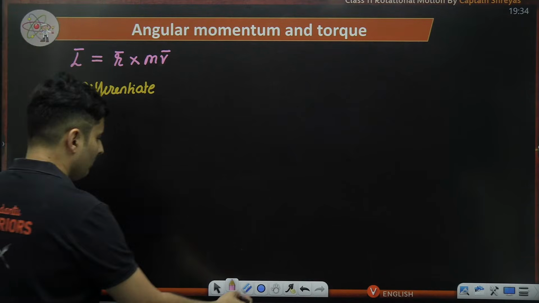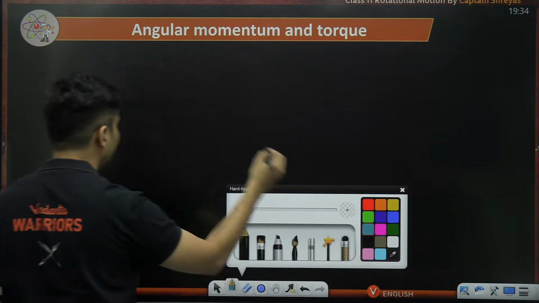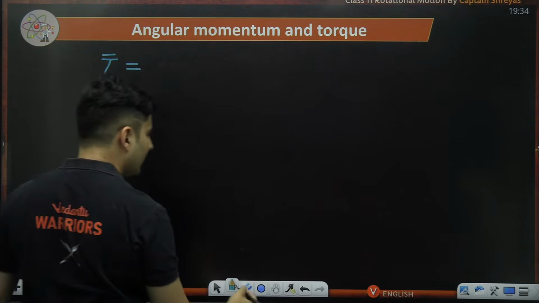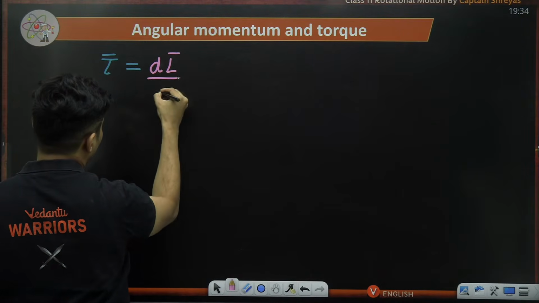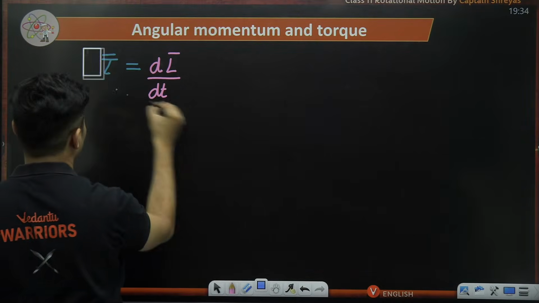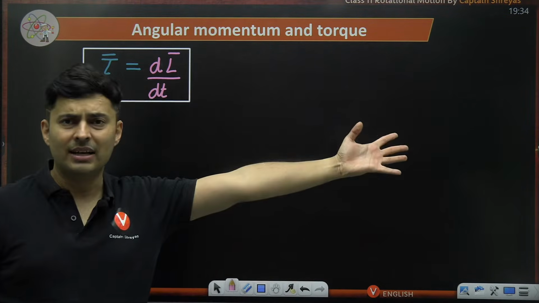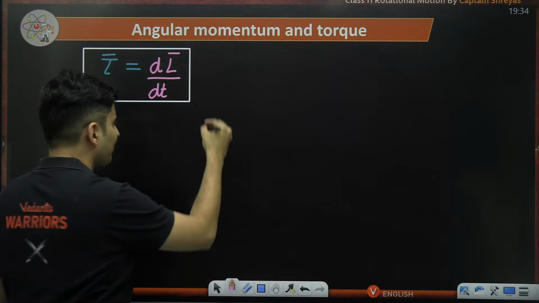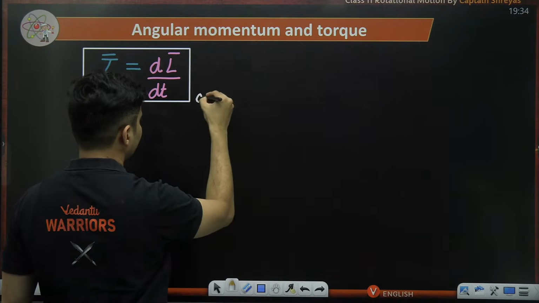So finally, I can say that torque is nothing but dL by dt, about the same axis. You cannot choose a different axis for torque and angular momentum, like measuring torque about some random axis and angular momentum about some other axis. No, that will not work. This is very important: both about the same axis.